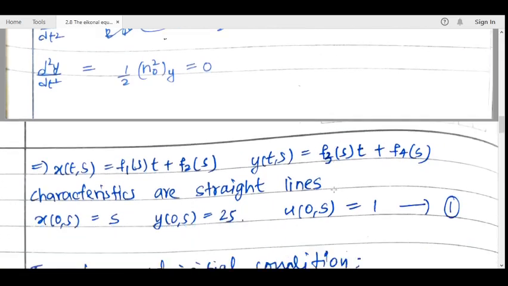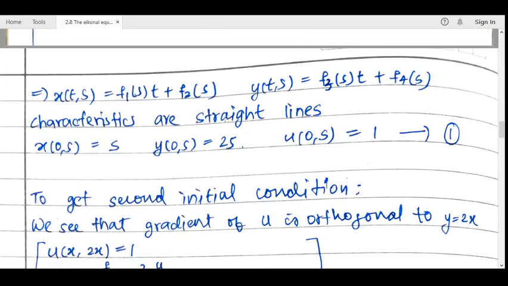So how can we write the characteristic? x is f1 of s times t plus f2 of s, y is f3 of s times t plus f4 of s, and one initial condition we have is that u of x comma 2x is 1. So x at 0, s is s, y at 0, s is 2s, u at 0, s is equal to 1.